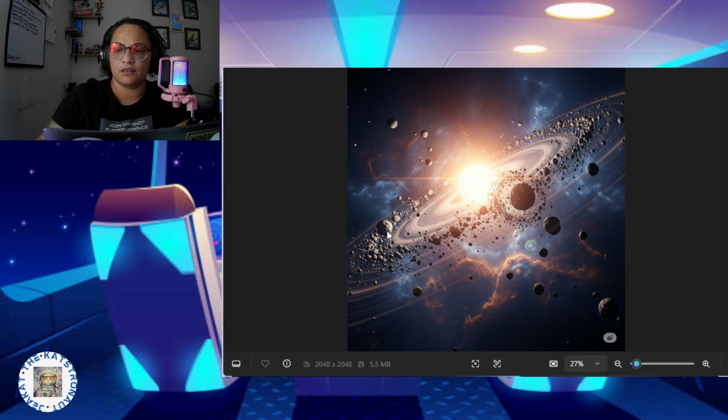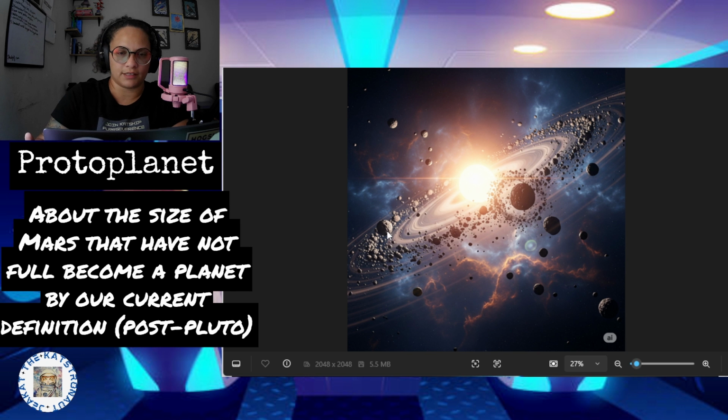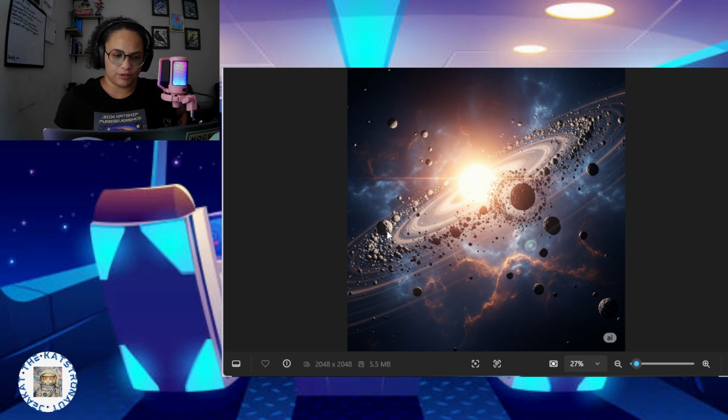And then as they become larger and start attracting more rocks to them, they become protoplanets. And so these planets don't just form and then they're ready for life and everybody can live there and life can start evolving. That's not how it happens.